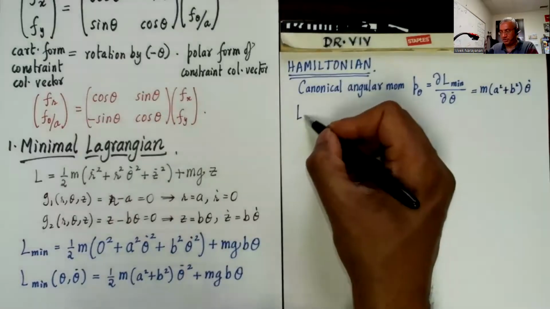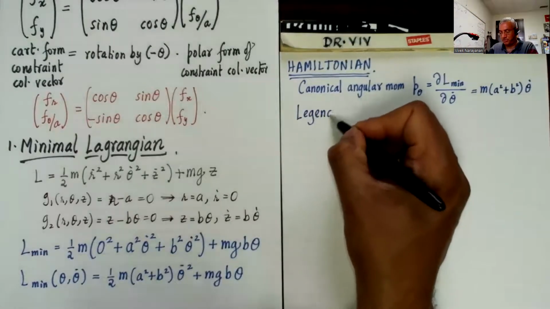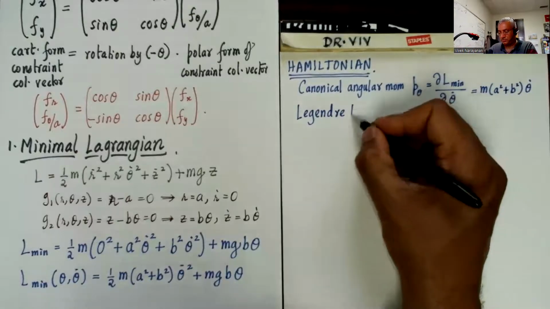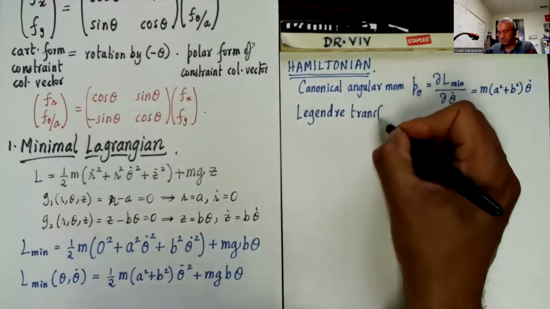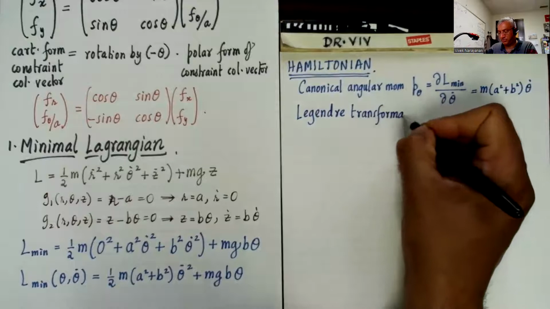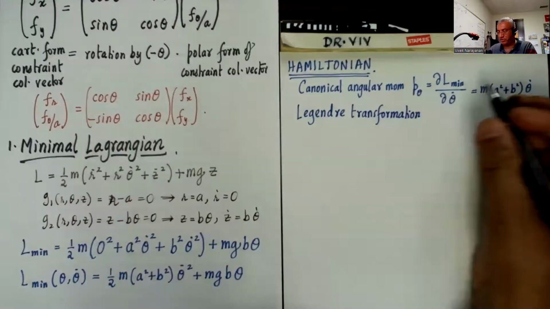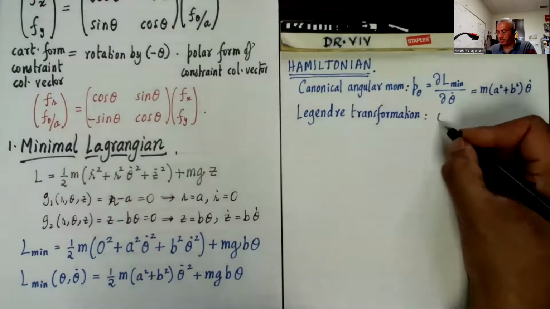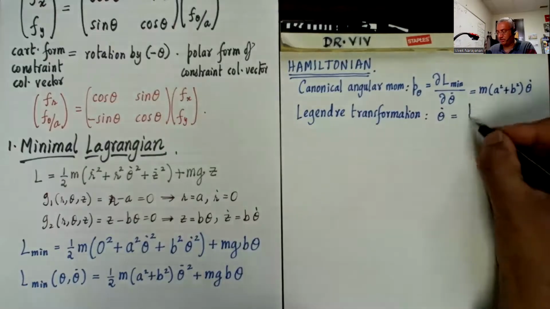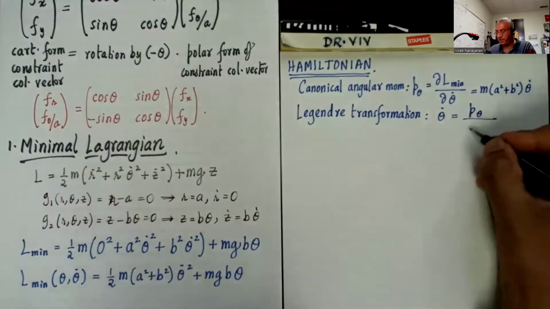Now we have to do the Legendre transformation. What that tells you is solving for theta dot in terms of p theta. In this case, the Legendre transformation is simply dividing both sides by a constant.